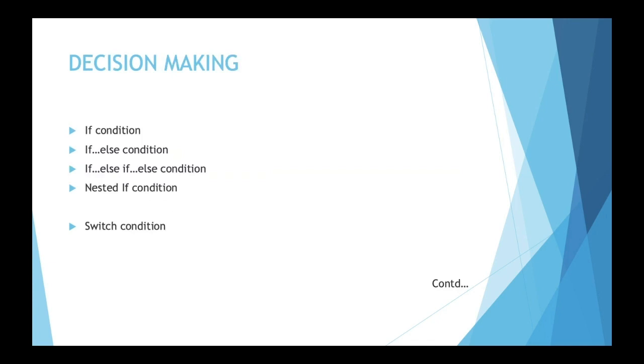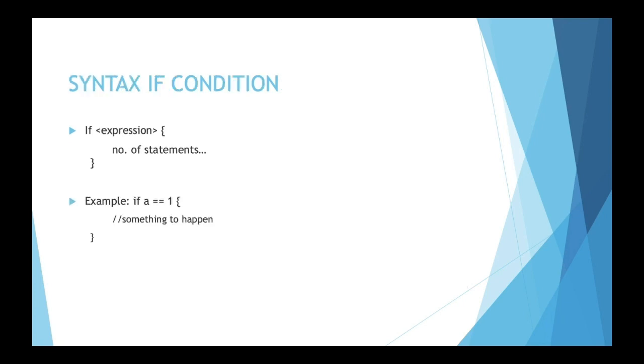Now the topic is decision making. Decision making, of course you are aware of it. There will be if condition or switch condition. In if condition we have multiple cases, like only if will be there, if else will be there, if else if else will be there, or nested if there. So again I'm sharing the syntax of Swift language of if condition.